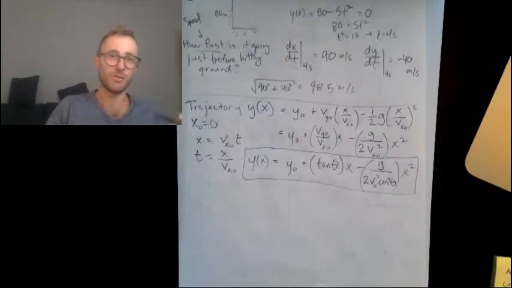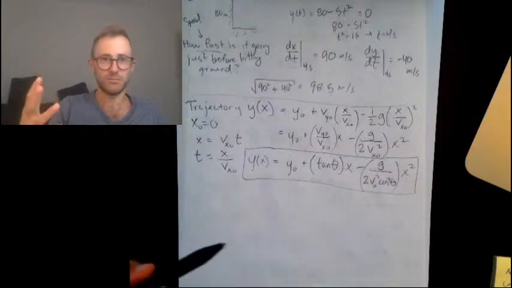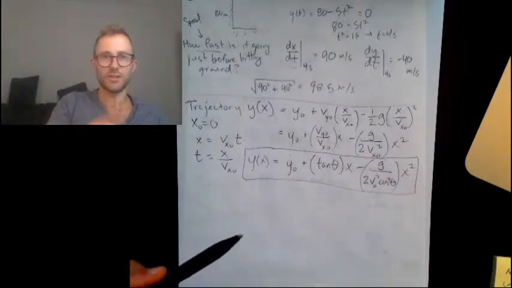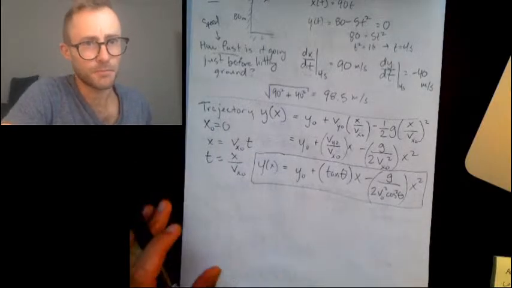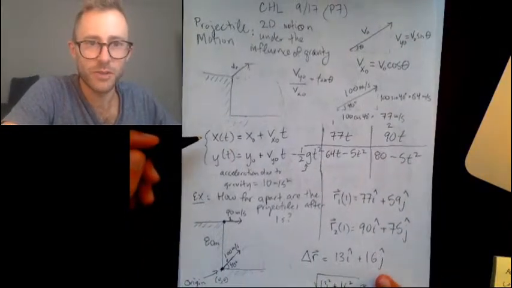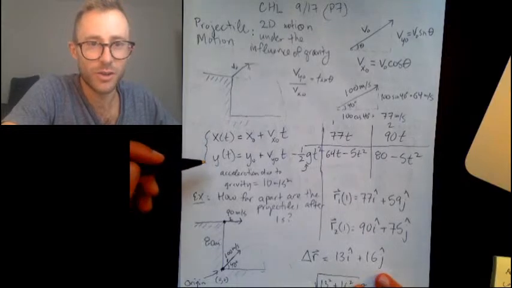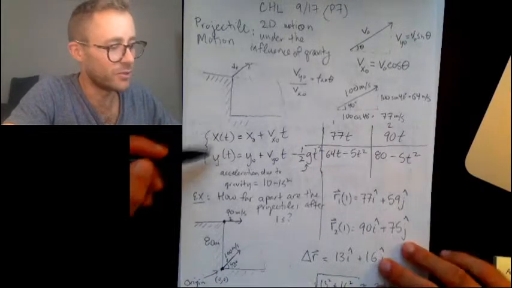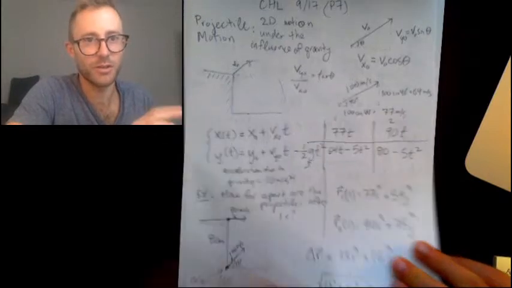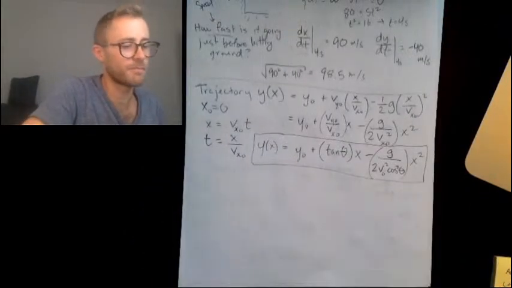That would not be a function. However, if you describe the motion in terms of x of t and y of t, you can only be at one position at a given time. So these two will always be functions, but your trajectory might not be a function.